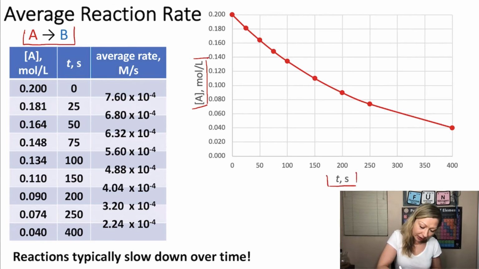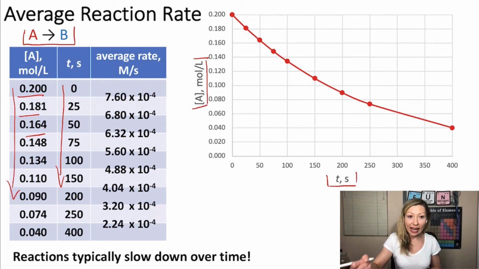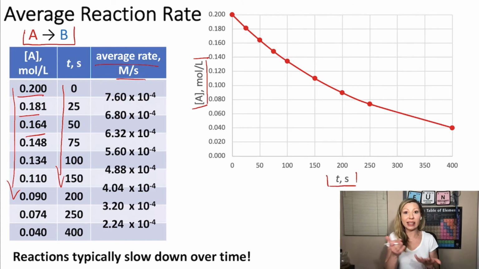So here are the concentration values, and you can see that as the time goes by, my concentration goes down. And what happens to the average rate? What do you think? As the concentration decreases, the rate should also decrease, right? Because I'm going to have fewer molecules. I hope this makes sense.